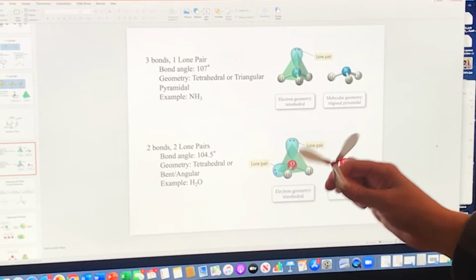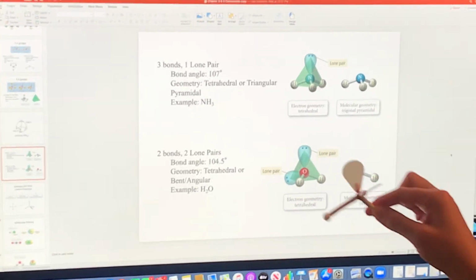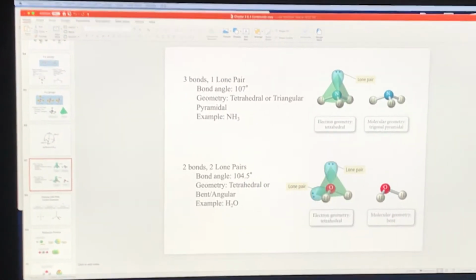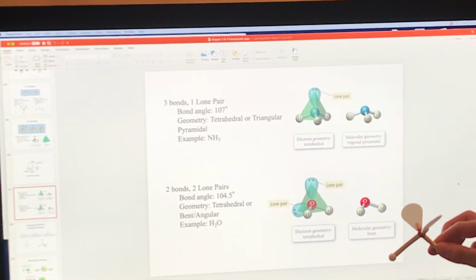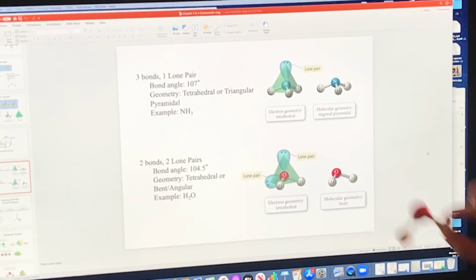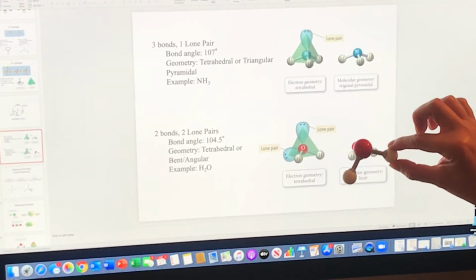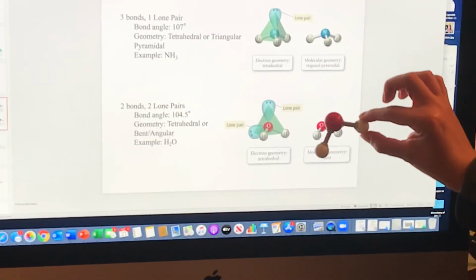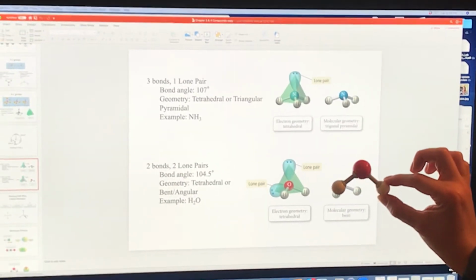That would still be tetrahedral because you have 4 electron pairs around it, but again, we don't do that system. In 2A, we just do one system, which is molecular geometry, and that ignores the lone pairs, and it just looks at the molecule's shape without the lone pairs, and that's called bent or angular.